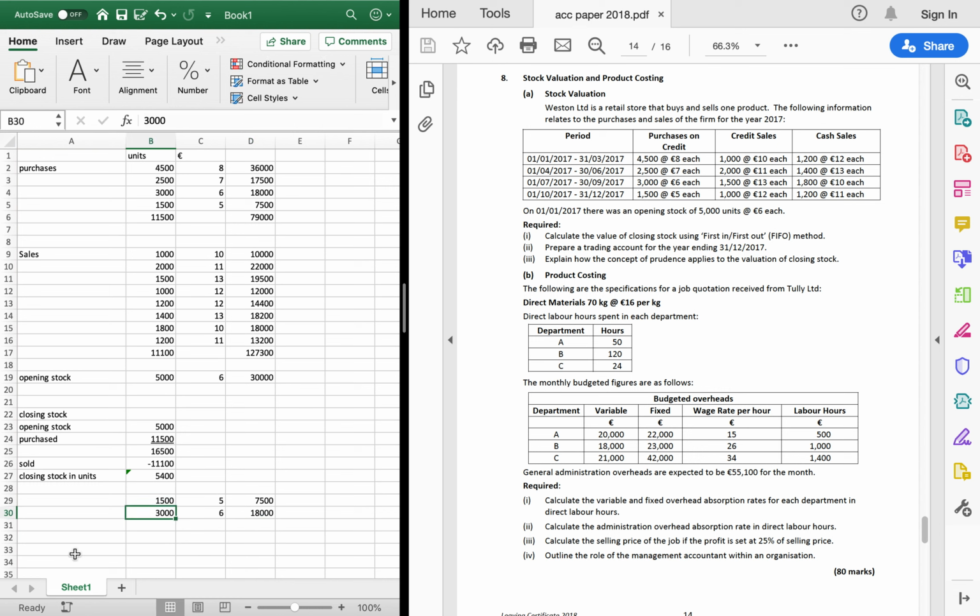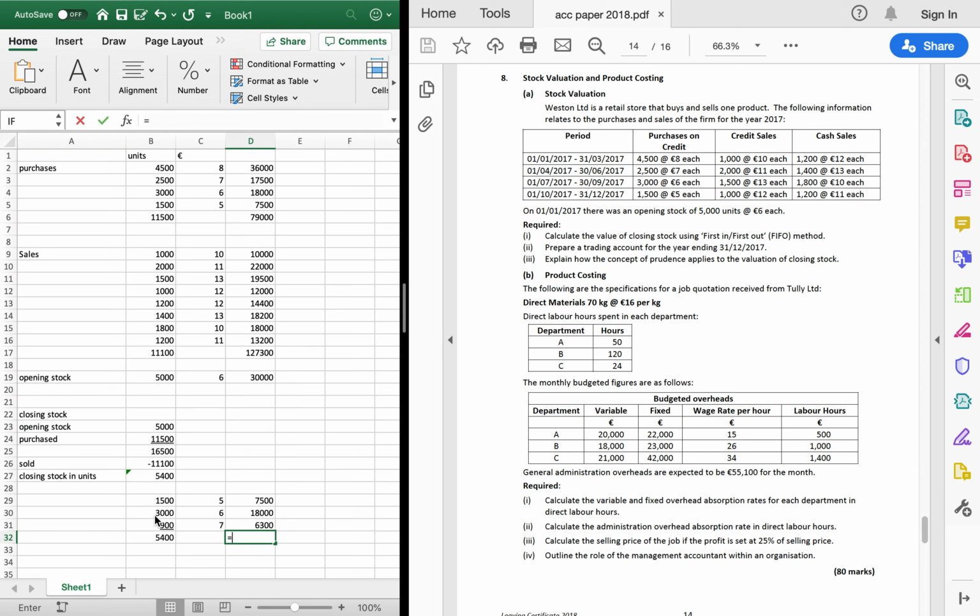And then we can say we've done 4,500 of the 5,400. So we still have 900 that we have to value. So we've done 1,500, we've done 3,000, so we've got 900 now at €7 each. So that's 6,300. And that gives us our 5,400.